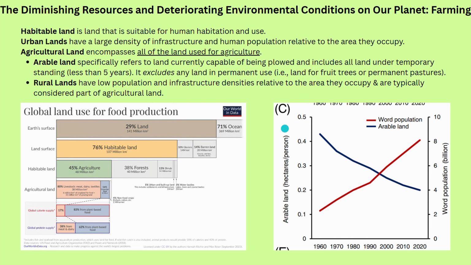However, it does exclude any land that is in permanent use, such as land for fruit trees or permanent pastures, and it is part of agriculture. Because of this inverse relationship between world population getting bigger and less amount of arable land, it demands an increase in efficiency in the remaining land that we have.